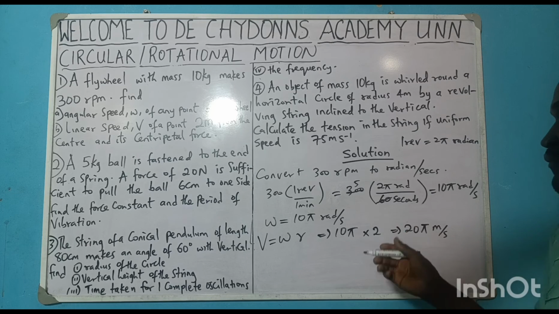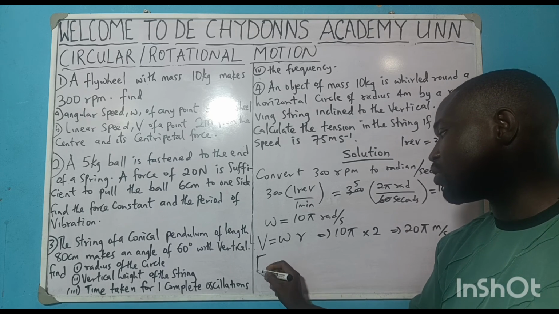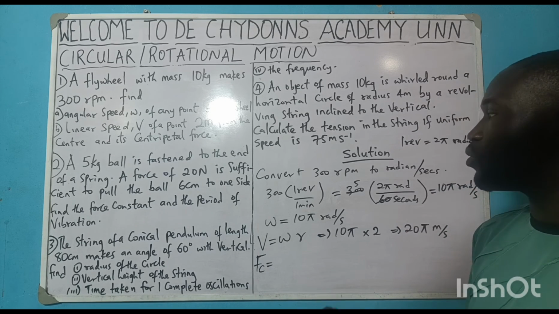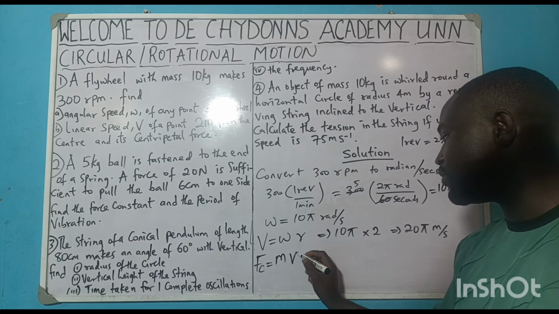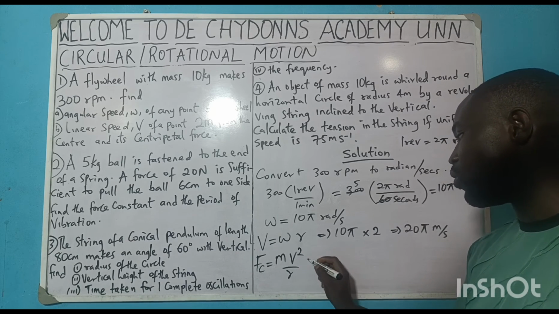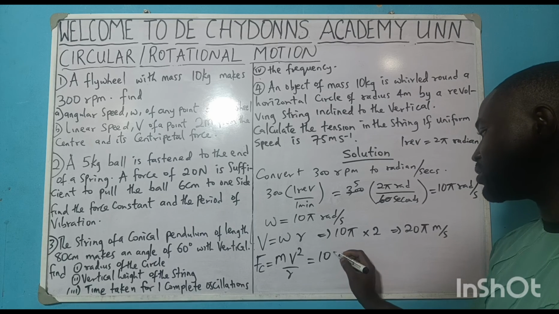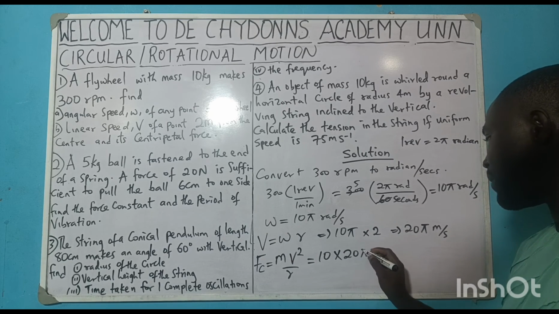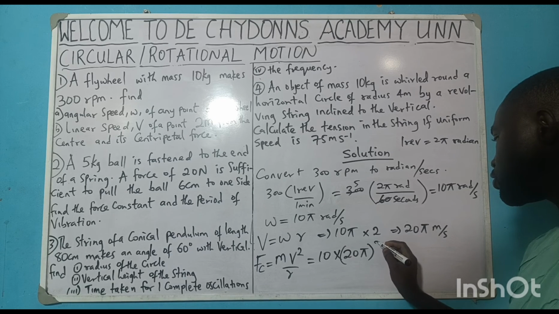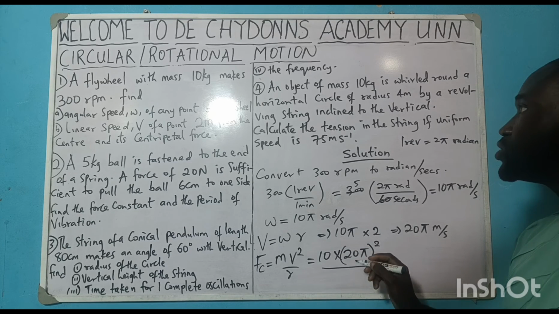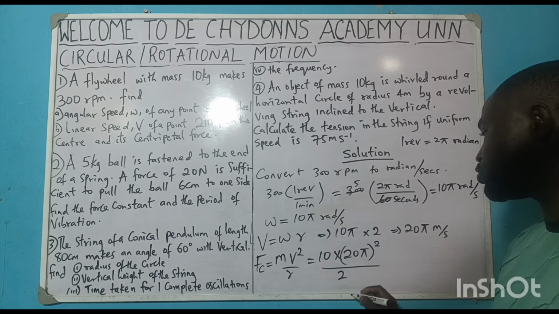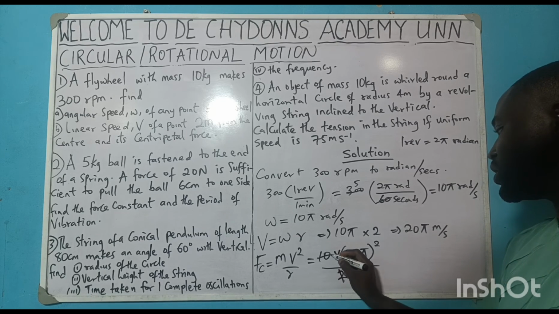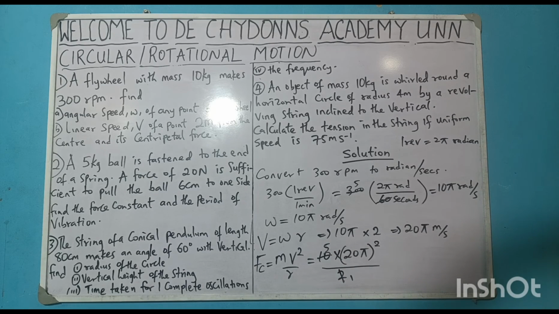Then centripetal force. Centripetal force is equal to mv squared all over r. What is your m? 10. What is your v? Your v is 20 pi, squared, all over. What is your r? R is 2. This will cancel this to give you 5, right?